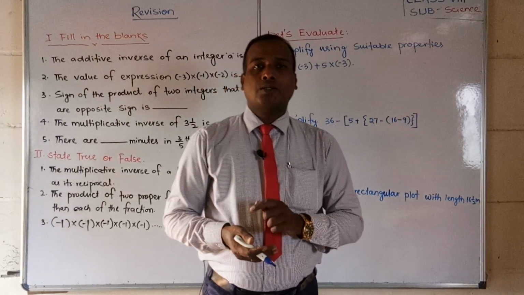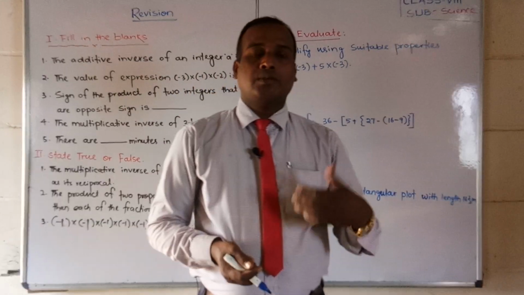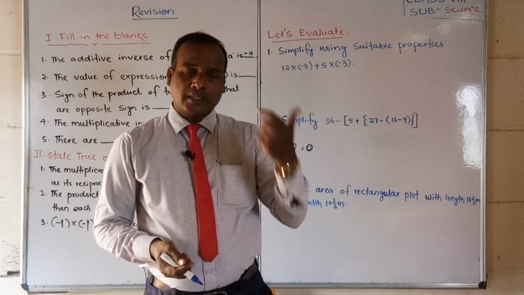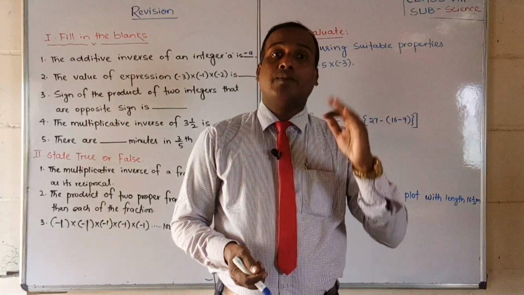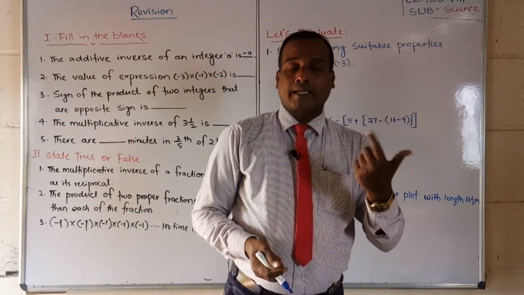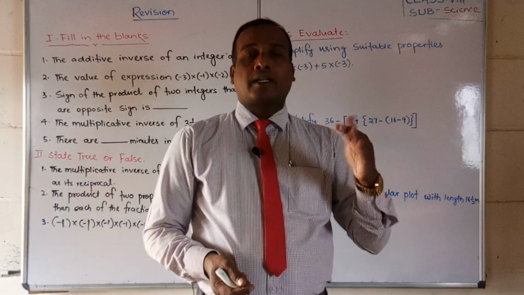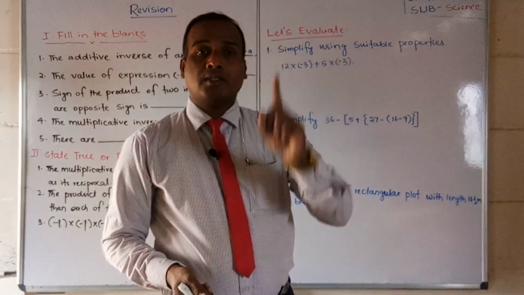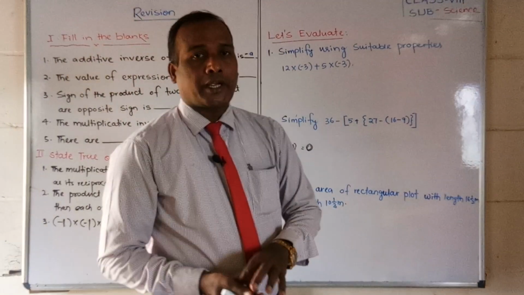Did you understand, students? Whenever you are multiplying positive numbers, the result is always positive. But whenever we are multiplying an odd number of negatives, like 3 negative signs, 5, 7, or 19 negative signs, the sign of the result should be negative.